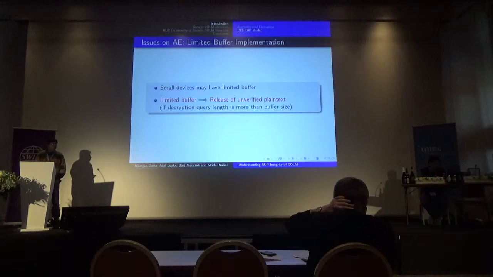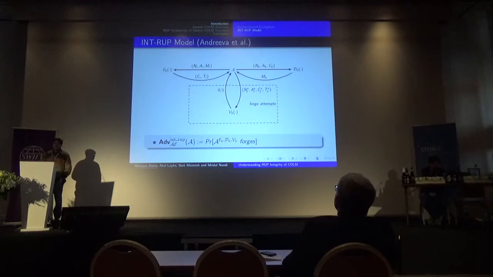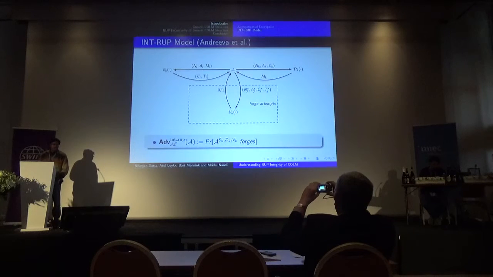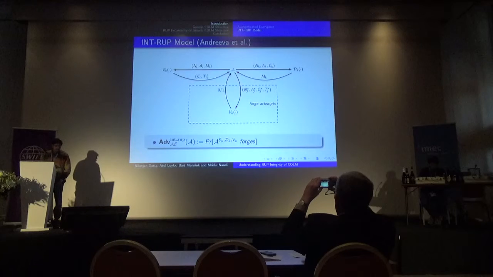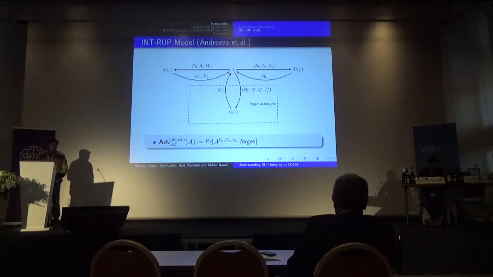And to handle this problem, basically Andreeva et al. proposed the model of INT-RUP, that is integrity under releasing of unverified plaintext model. Here the decryption oracle and the verification oracle are considered separately. So we break down the verified decryption oracle into a decryption oracle and a verification oracle.